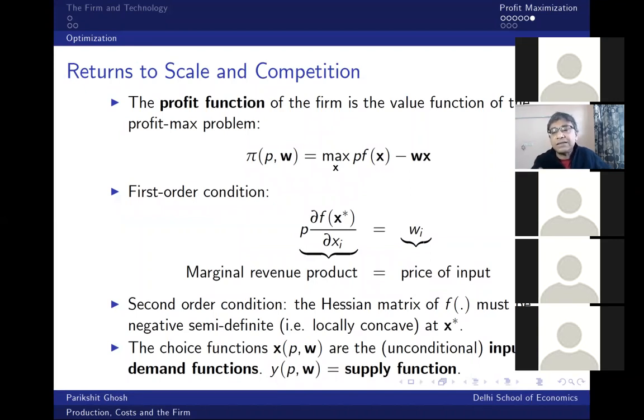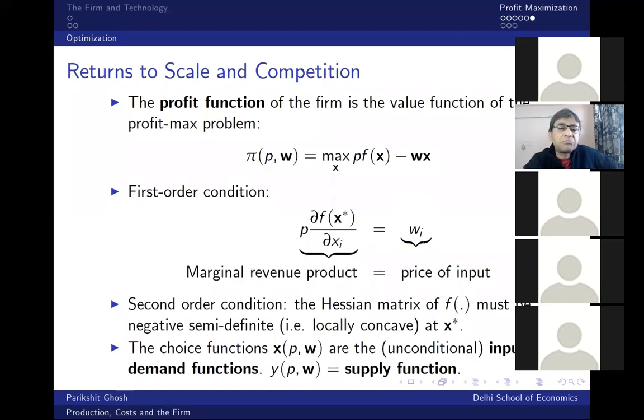Practically the same analysis applies. There's little bits to be said here and there, but this huge fuss which undergraduate textbooks make about it, as if the whole logic is different from short run versus long run, is just a waste of time.